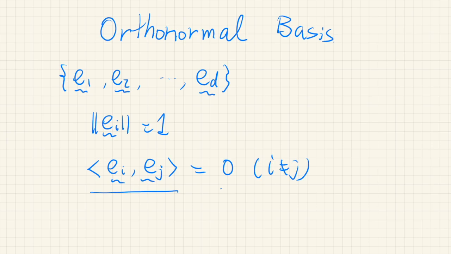Okay, let's start. So first, let's consider a set of vectors x1, x2, and so on up to xd. So they are just arbitrary vectors. And in this video, we represent each vector with a letter with this wavy underline just to distinguish between vectors and their elements.